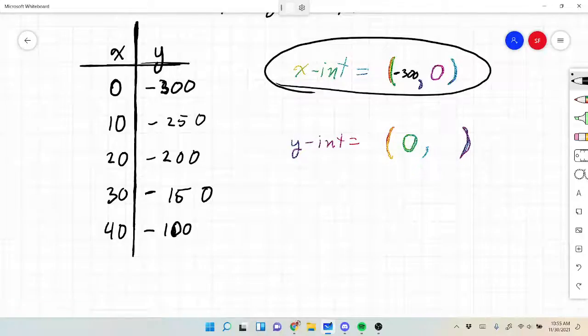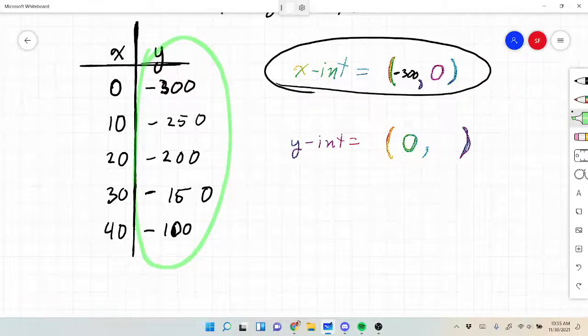How can we figure it out? You don't have to graph these. You look at the table and think. Are the numbers on the right-hand side, the y numbers right here, getting closer or further away from 0? Closer.